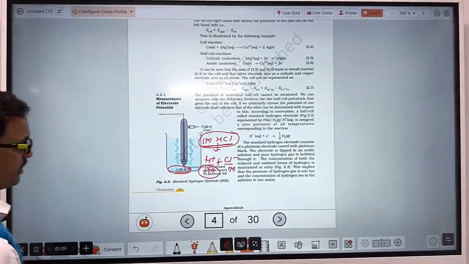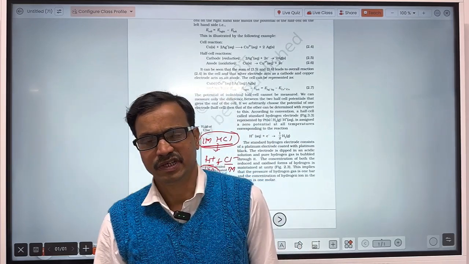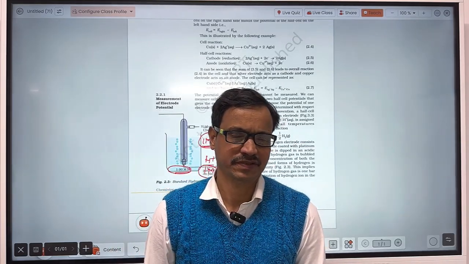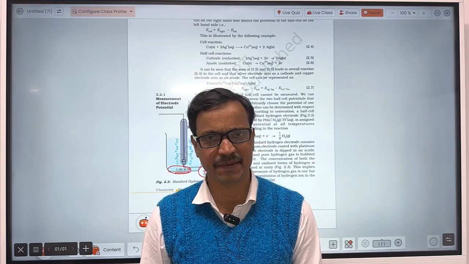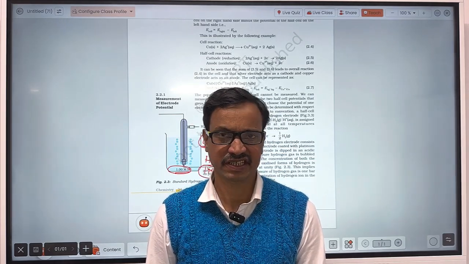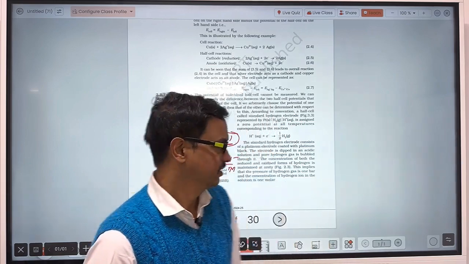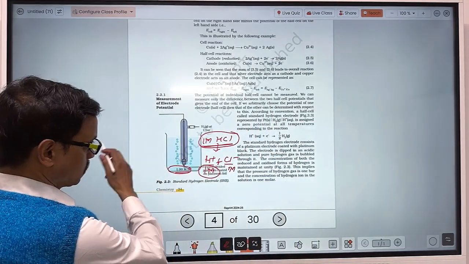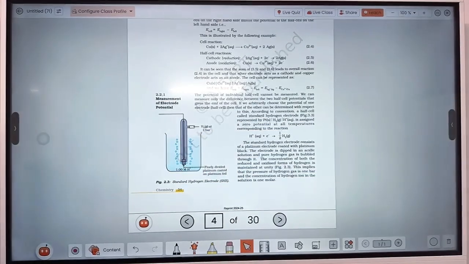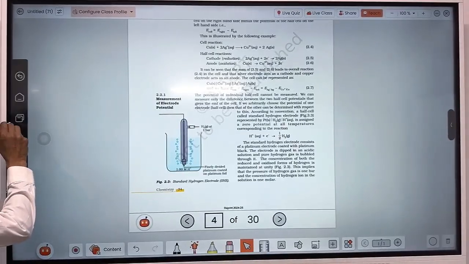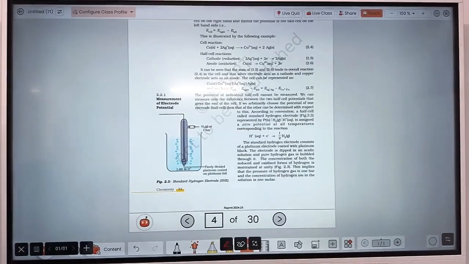Now hydrogen is taken as a standard. So the electrode of which we have to measure the standard electrode potential, we join to this hydrogen electrode. For example, let's say we have to calculate the standard electrode potential of zinc.